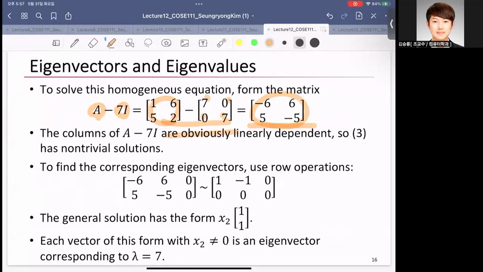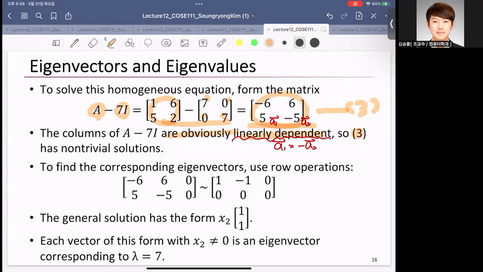Let's say these are the two column vectors A1 and A2. The columns of this matrix are obviously linearly dependent. Why? A1 is equal to negative A2. Let's say this is equation 3.